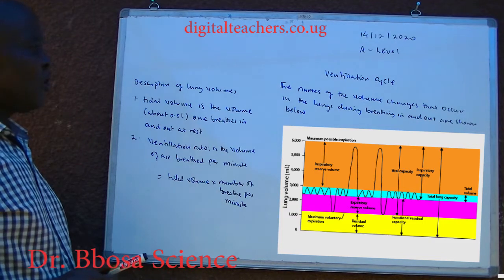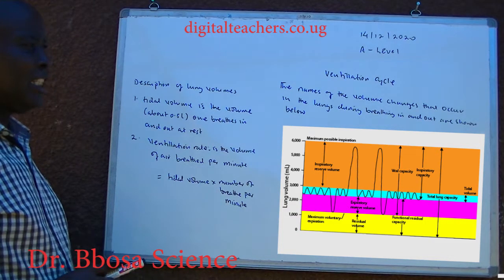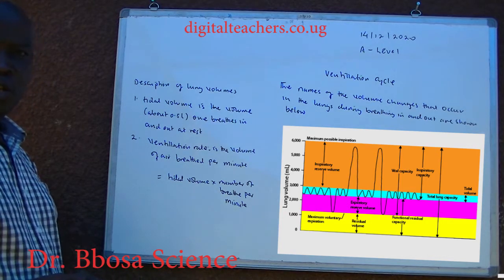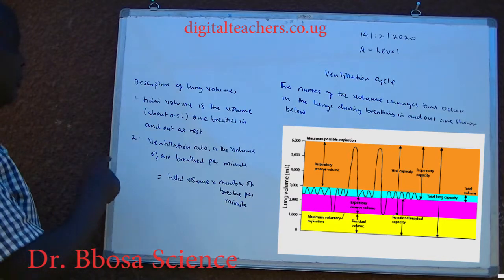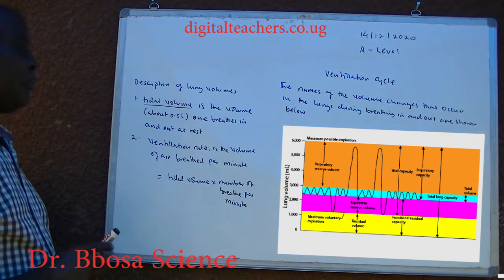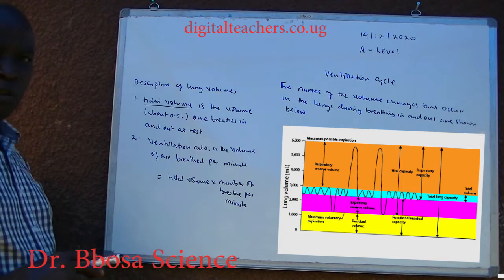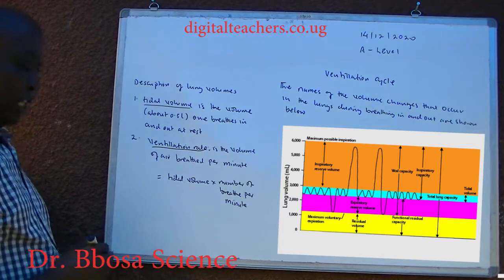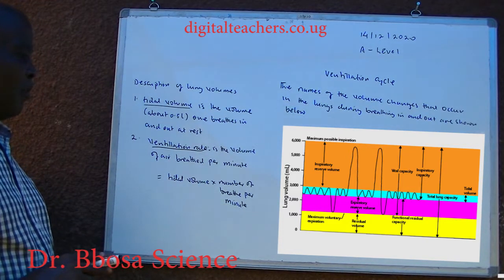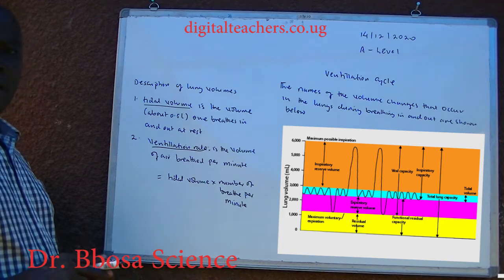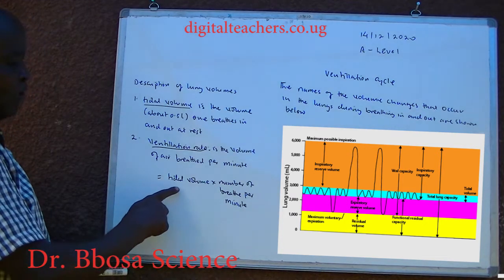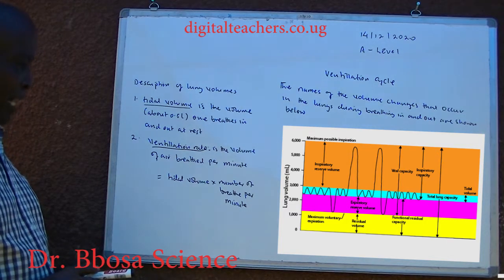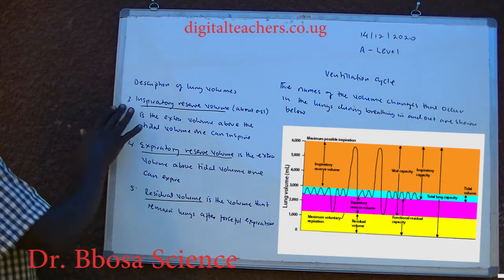Ventilation cycle. The names of volume changes that occur in the lungs during breathing in and out are shown below. 1. Tidal volume is the volume one breathes in and out at rest. 2. Ventilation rate is the volume of air breathed per minute, equal to tidal volume times the number of breaths per minute. 3.